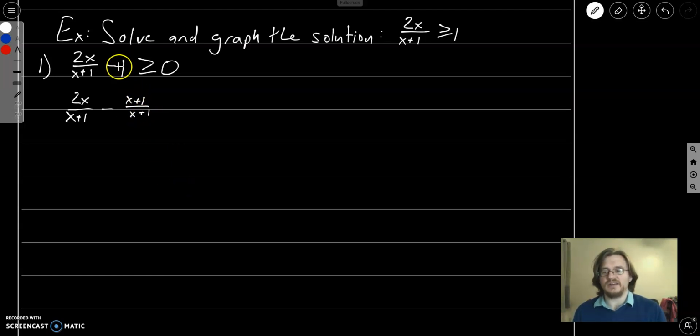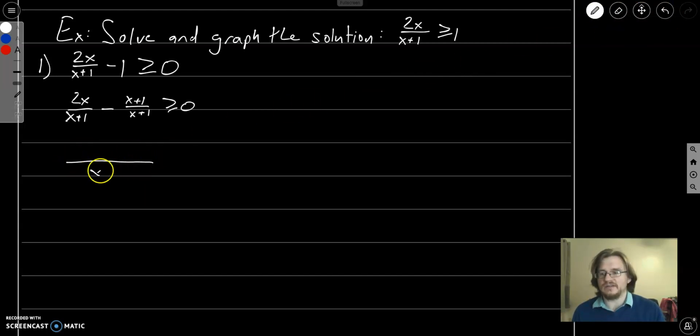So I can rewrite 1 as x plus 1 divided by x plus 1. And that means that I can combine these fractions with a common denominator. Write this as a bigger fraction.